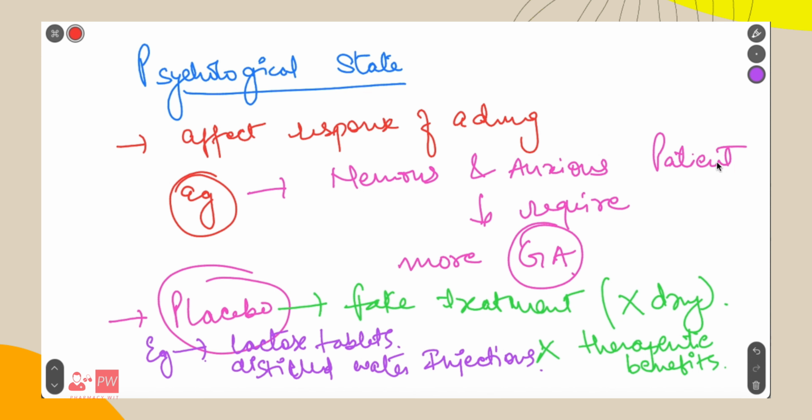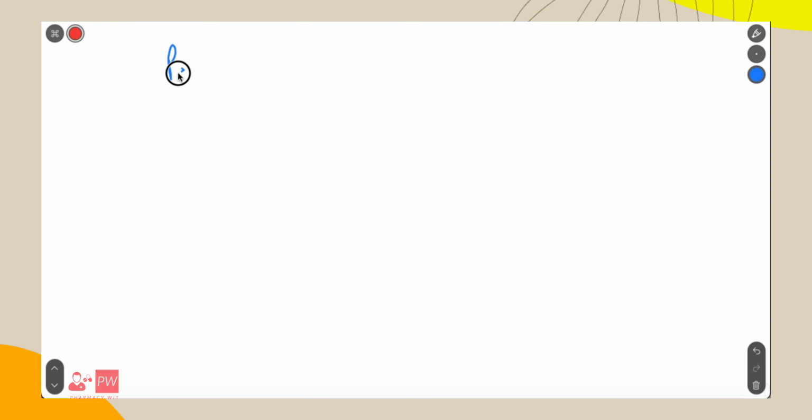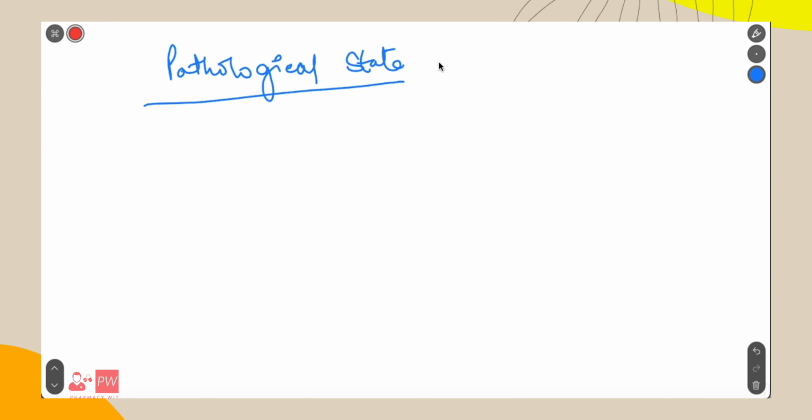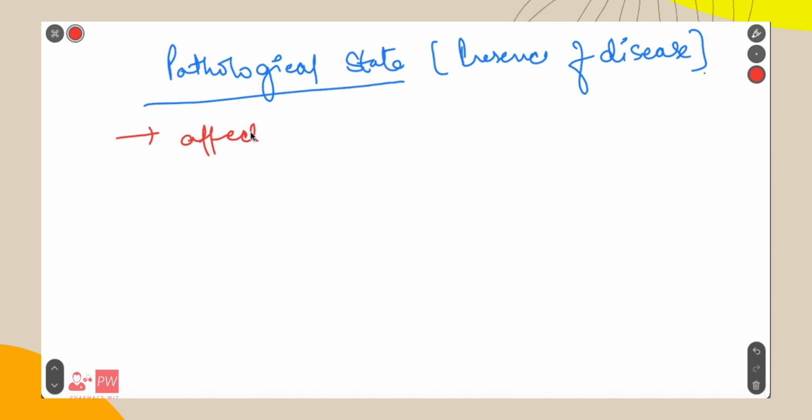Now the next factor is pathological factor or pathological state. Pathological state means the presence of disease. There are several diseases which affect the dose of a drug.